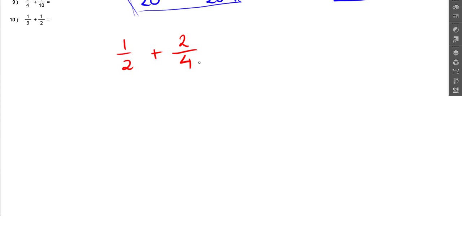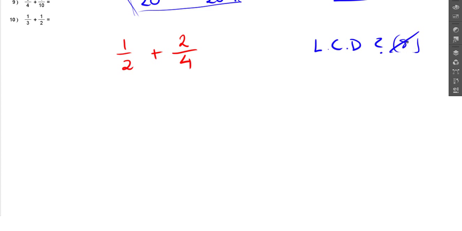Okay, so the problem here is the denominators are different, 2 and 4. So what is the lowest common denominator? So that means the lowest number that both the denominators go into. Well, we can try and multiply across. 2 times 4 is 8. Could 8 be the lowest common denominator? Well, no, it's not the lowest.